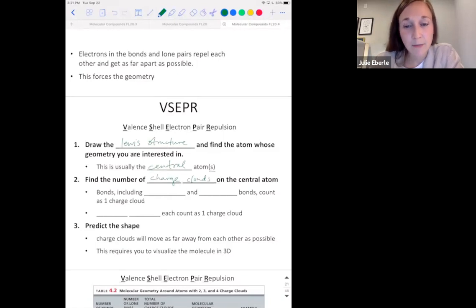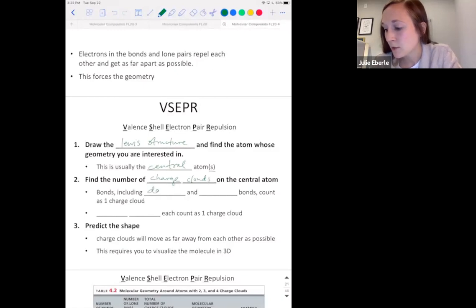Now let me explain something with bonds, because here's where charge clouds get confusing. A bond is treated, whether it's a double, a triple, or a single bond, equally. They're all 1 charge cloud each. Even though there's a different number of bonds in a double bond and a triple bond, it's just 1 charge cloud. So that's what this bullet point is saying.